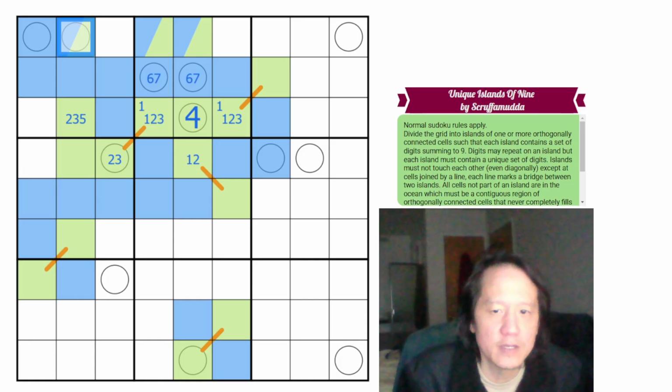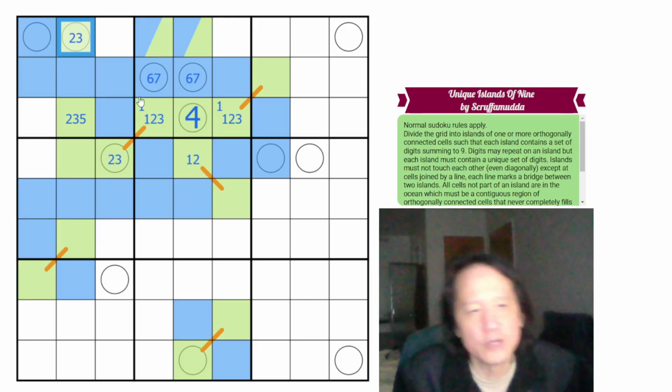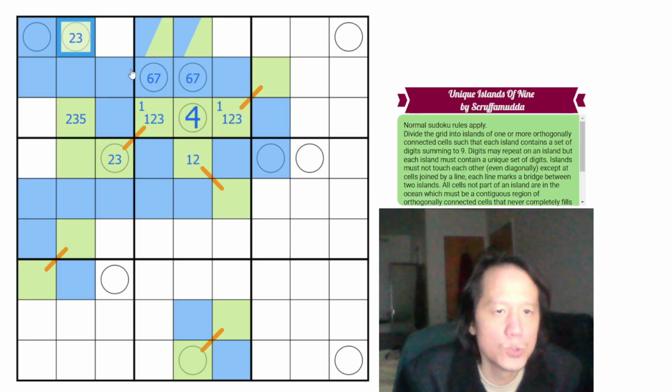This has to be not ocean then, because this has to be ocean. So therefore, this would see either 2 or 3. I'm not sure. 2 or 3. This has to be an island, because otherwise, if this were by itself, this would be 1, and again, you can't have an island that just adds up to 1.